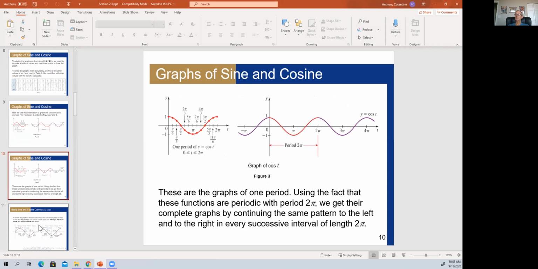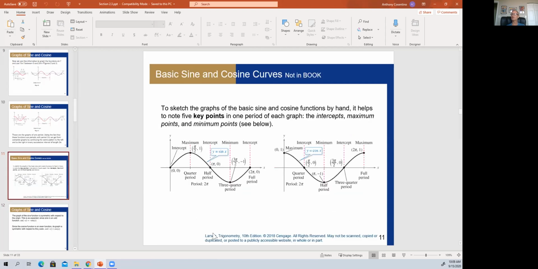And you can see that the cosine, instead of starting at 0, starts at 1. And the first graph, again, illustrates the cosine in 30-degree increments. And the second graph shows what I did, what I like to call the 5 main points: the highest point, the lowest point, which will be called the amplitude, and then where it crosses the x-axis and where it actually starts. So those are really the 5 main points.